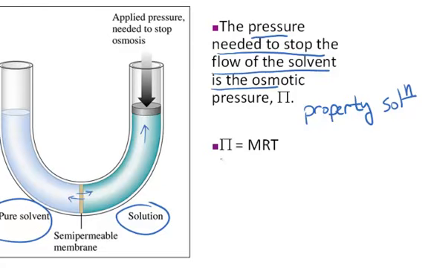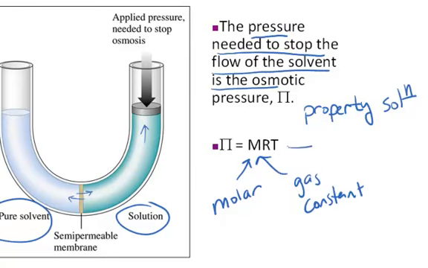So osmotic pressure is pi equals MRT, and M is the molar concentration of the solute on the solution side. R is the gas constant, and T is the absolute temperature.